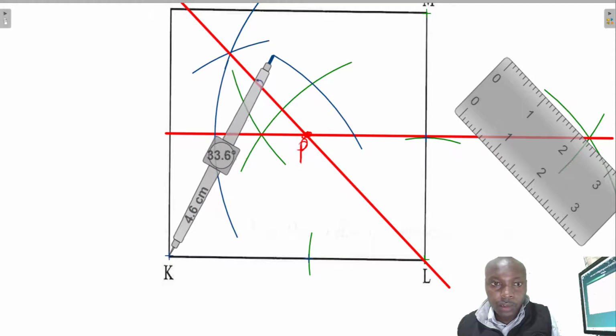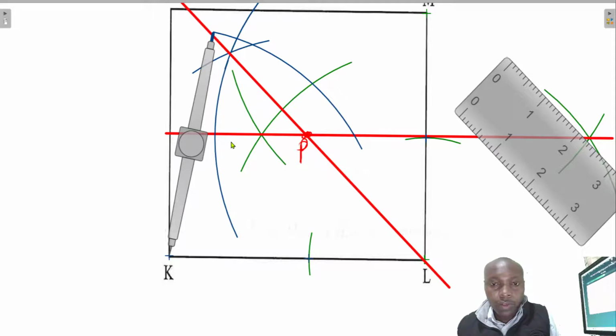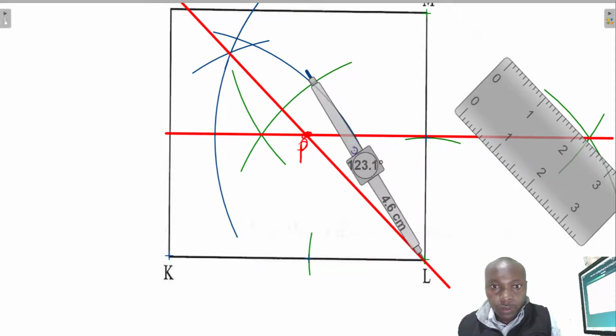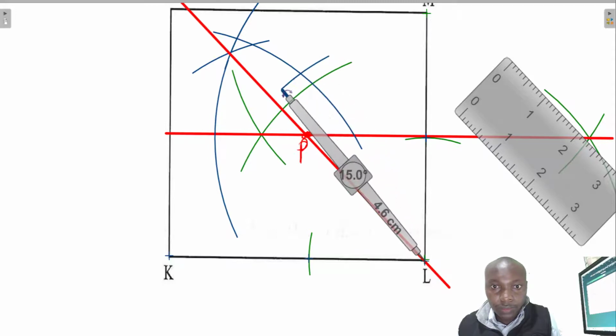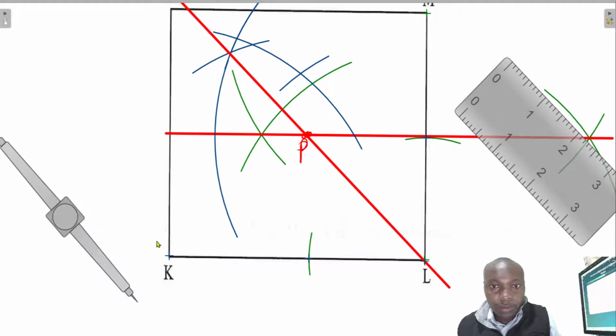There will be too many arcs here, so you need to be careful not to get confused. You can transfer the same measurement without adjusting. We are bisecting, obtaining the center of KL. So note the arc that we made, and cut that arc.